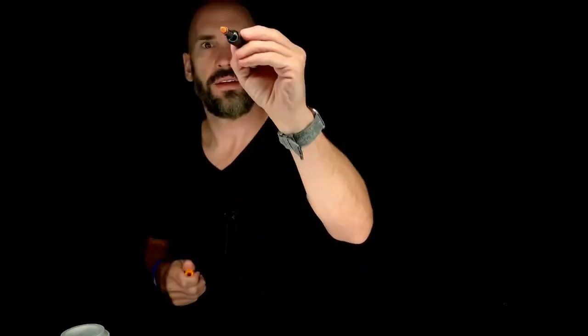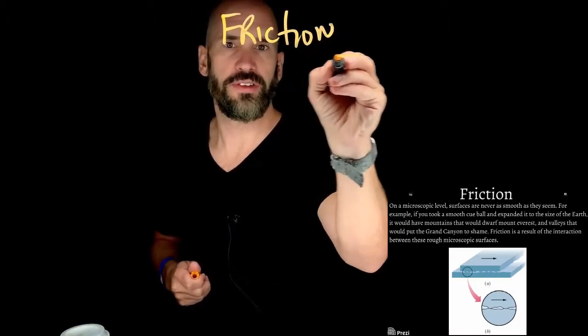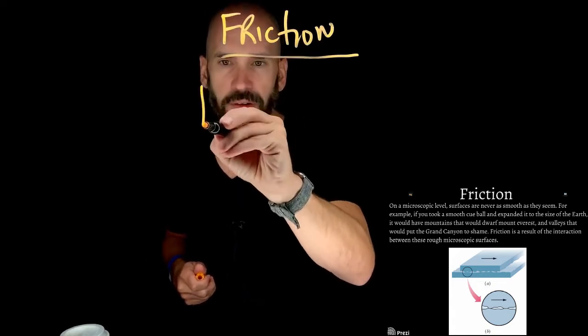Well, in order to understand this, you have to take a closer look at what surfaces look like at a very microscopic level. In our exploration of friction, we're going to look at two surfaces and zoom in with a microscope.